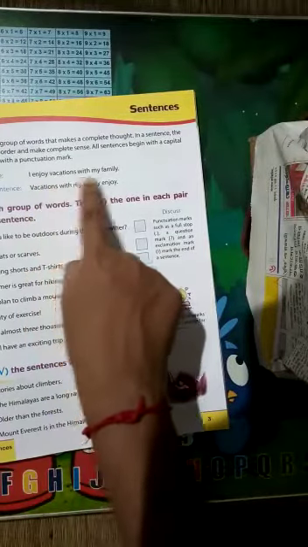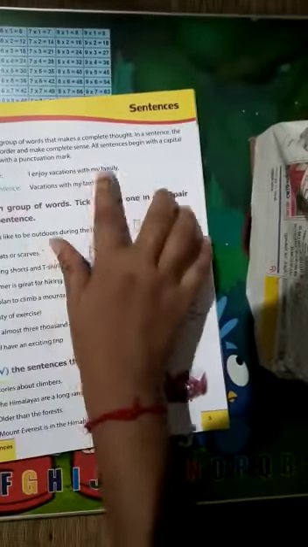Okay, so what is a sentence? A sentence is a group of words that are put together to mean something, to say something about the words or about the situation. So, let's read this sentence: I enjoy vacations with my family. This means there is a meaning in this sentence.